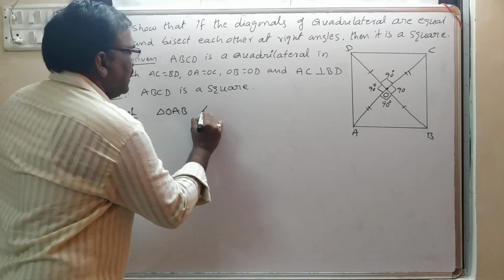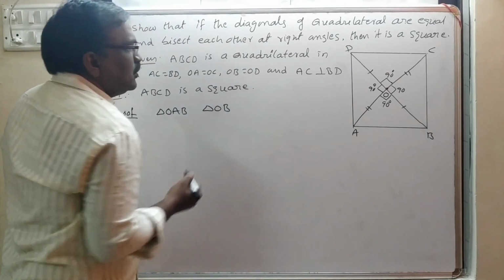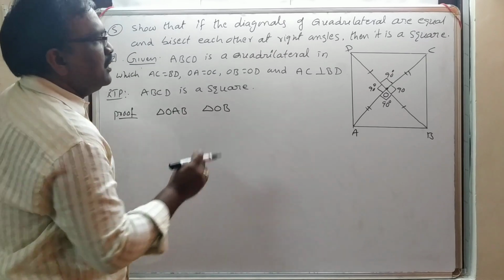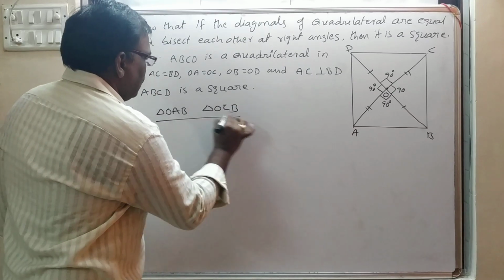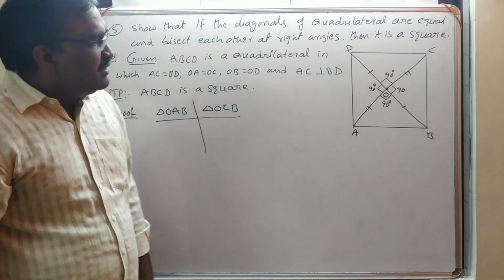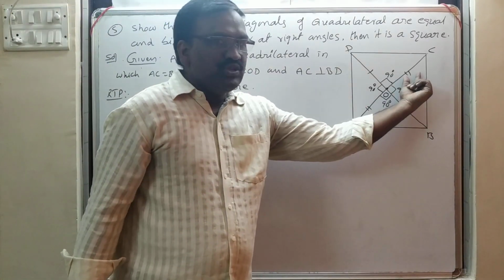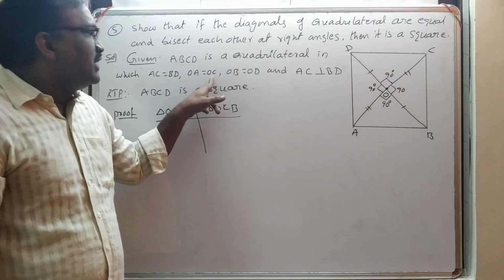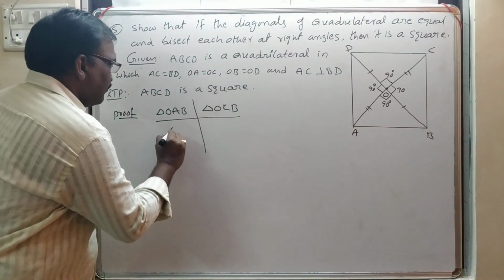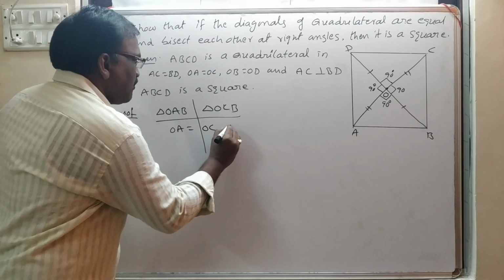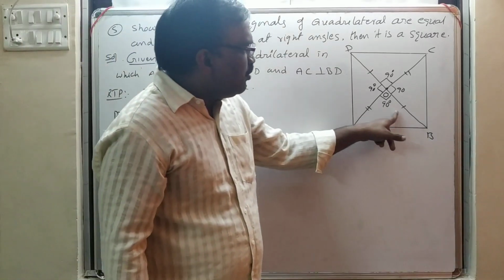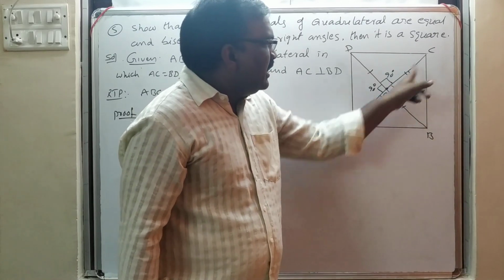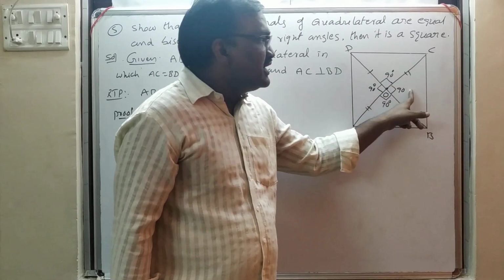Triangle OAB and triangle OCB. What are equal? OA is equal to OC. That is given. Next, angle AOB is 90 degrees. Angle COB is also 90 degrees. That is also given.